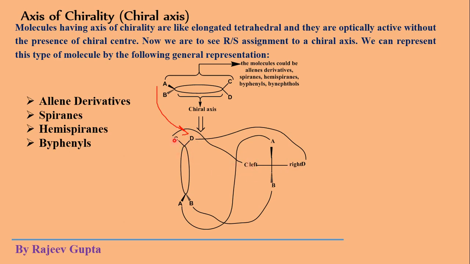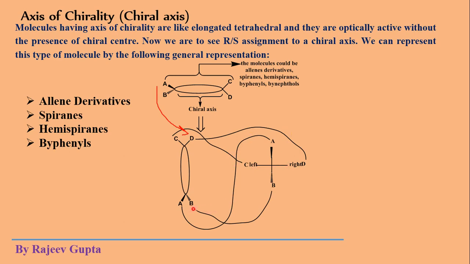As we see, substituent C is present at left hand side in this structure, so we will put it at left hand side in this diagram. This D group is present at right hand side, so we will put it at right hand side of the horizontal line. So both these groups will be shown on the horizontal line.